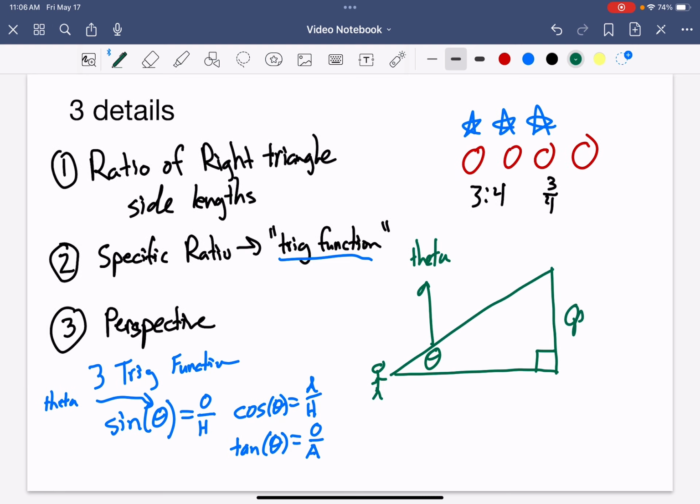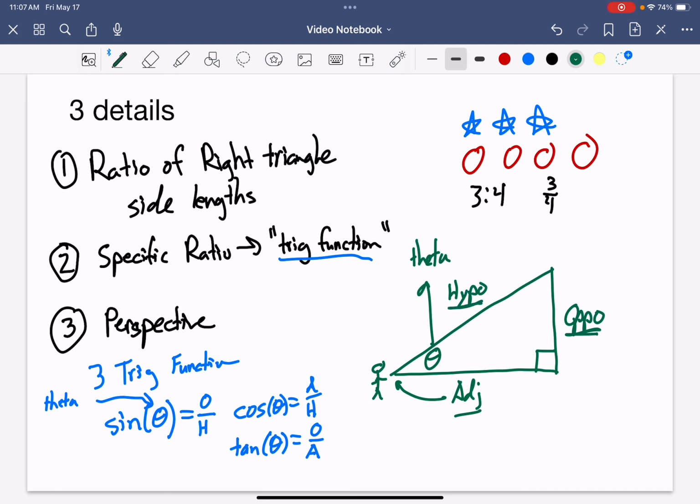You have the opposite side, the adjacent side, and the hypotenuse. Adjacent means next to, so it's the side that's next to the guy. Opposite is on the other side, so that's why we call it the opposite. And the hypotenuse is always the longest side.